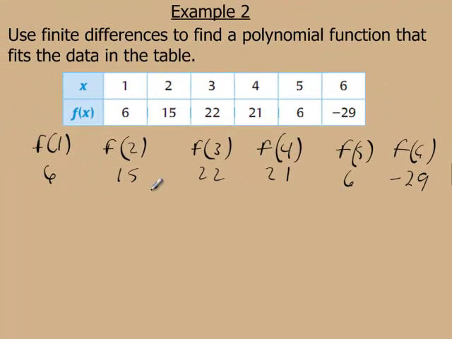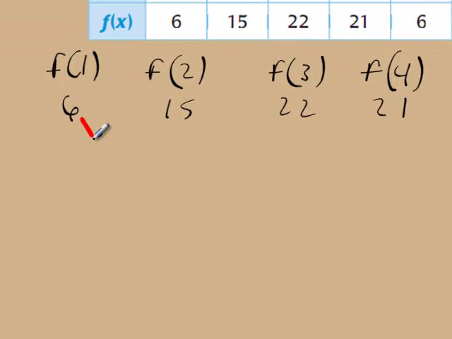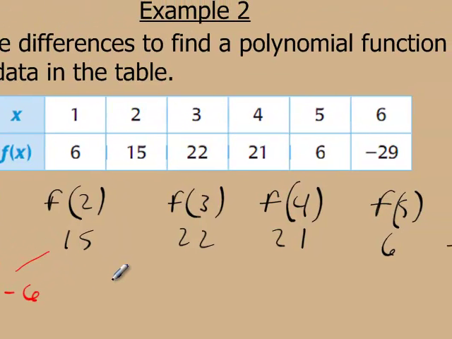And what I'm going to do is subtract each of these from left to right. But we have to be careful how we do this. I'm going to subtract the 6 from the 15, so I'll say 15 minus 6, and that's going to give me 9.